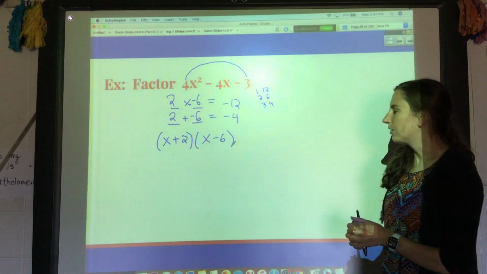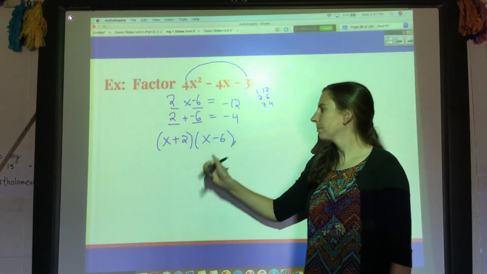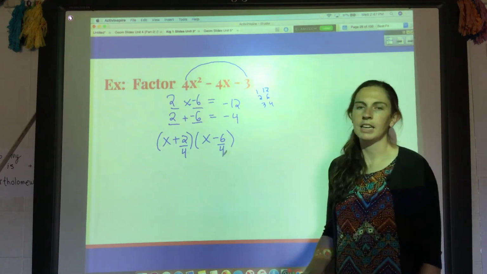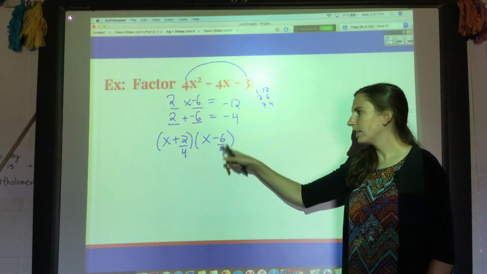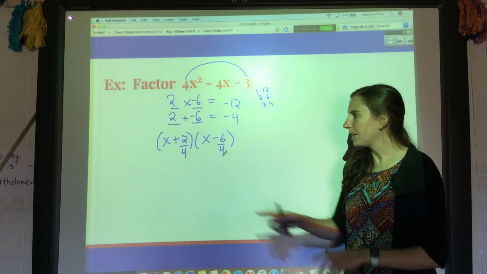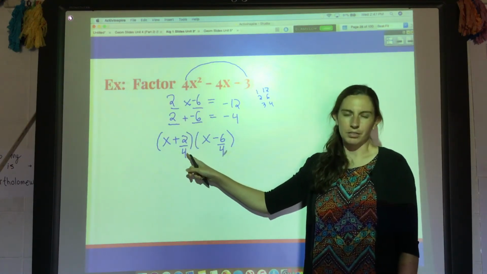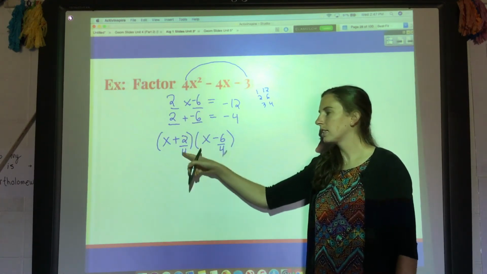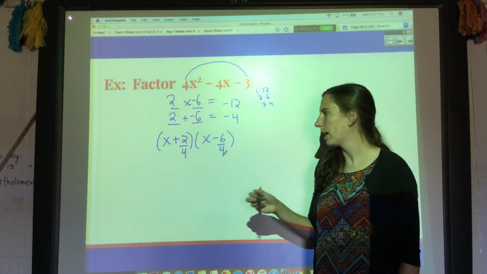Don't forget, we need to divide or slide here with the 4. So I'll either divide it or slide it. You may notice neither of these divides in evenly. However, these fractions do simplify, and that technically counts as dividing. So if you can simplify the fractions, you want to do that.